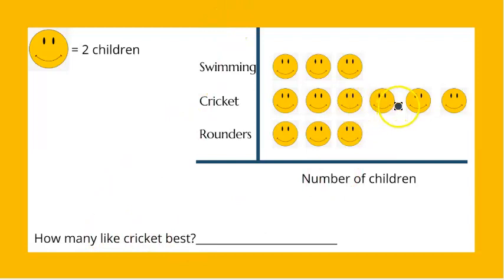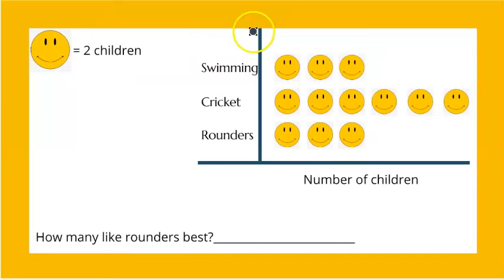Cricket is 6 times 2, remember, times 2. That's 12. Next, how many like rounders best? Rounders is 3 times 2, that's 6 also.